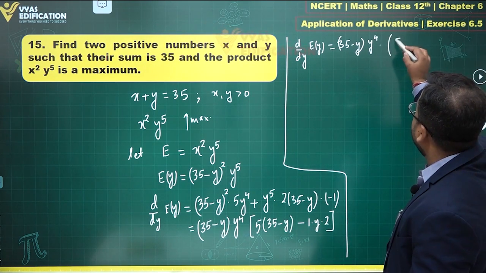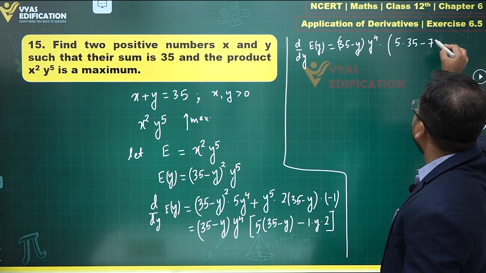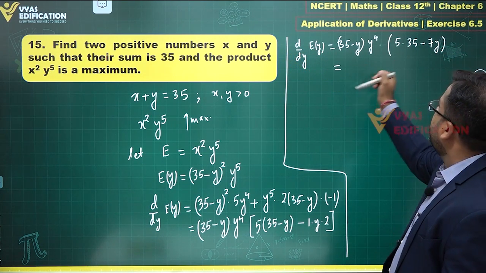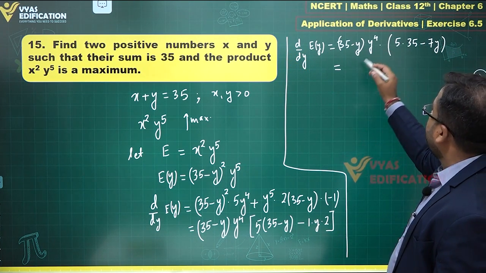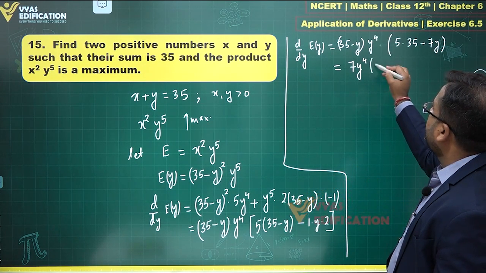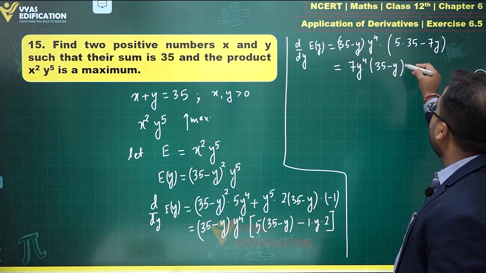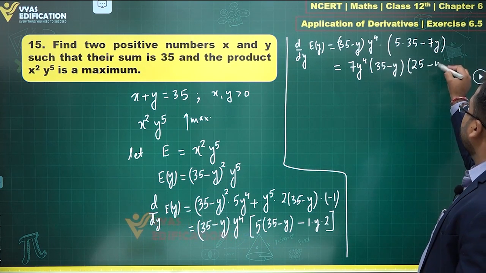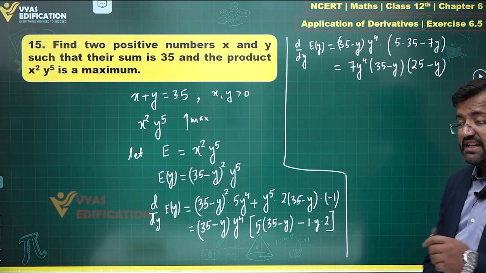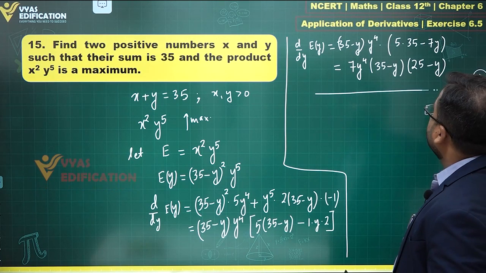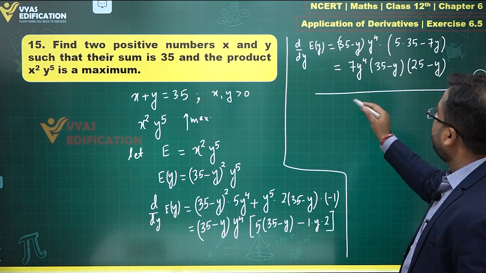So let's write it as 5 times 35 minus 7y only. Let's not multiply them together. I can take out a factor of 7 common now: 7y power 4, 35 minus y, and 25 minus y is what I get over here. That's the expression. Okay, now let's mark the critical points, 25, 35 and 0.